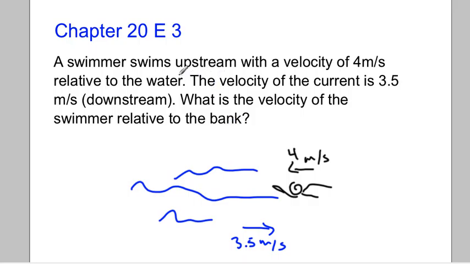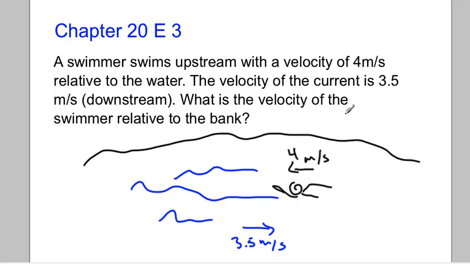Okay, so relative to the water he's going 4, but relative to the bank the water is going 3.5. So really, relative to someone on the bank, someone sitting over here outside of the water, they would see this 4 meters per second, subtract the 3.5, and that's what they would see on the bank.